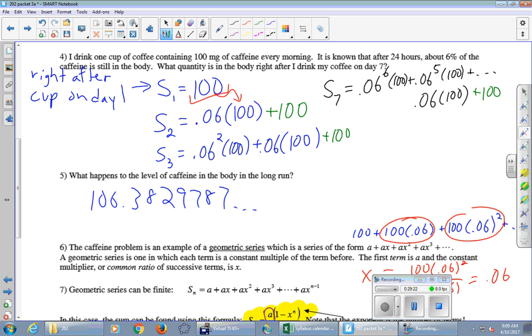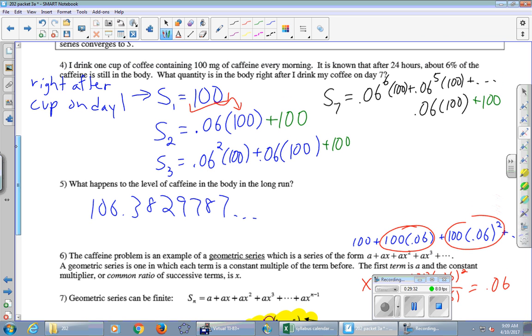That's the difference between converging or diverging for geometric series. If the terms get smaller and closer to 0, it's going to converge, and you can use the a over 1 minus x.